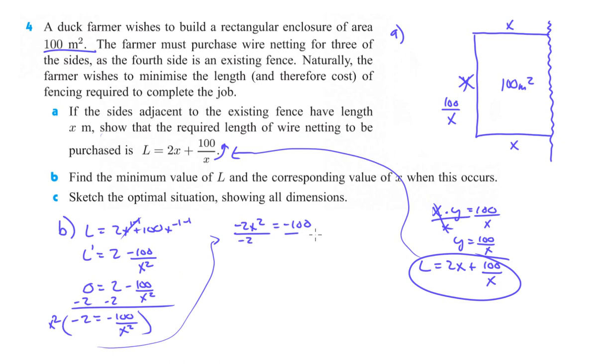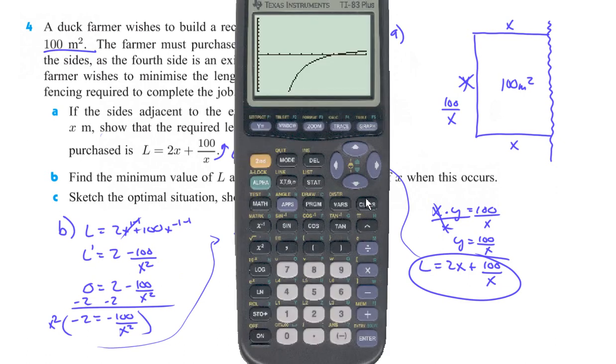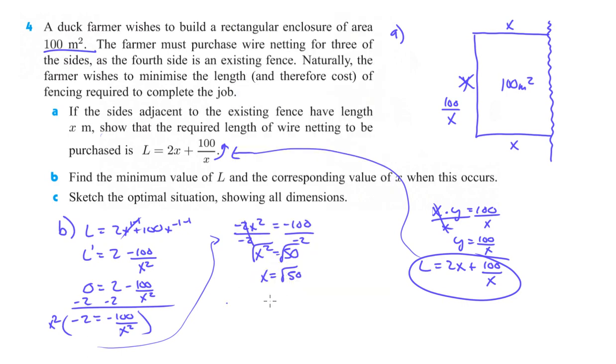Divide both sides by negative 2. X squared equals 50. So that means x is going to have to equal the square root of 50, which you can just leave as the square root of 50. But if you want to know what the square root of 50 is, it's about 7.07.